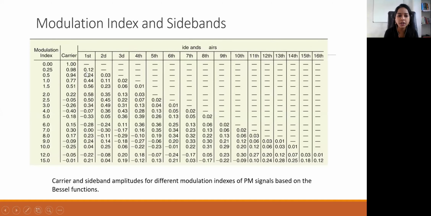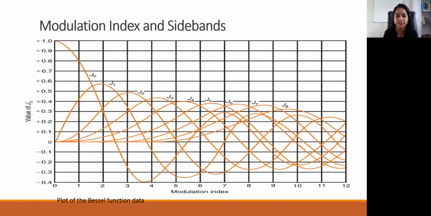This is not important for you, but I have given this picture so you know how we calculate the sidebands. In this picture, this is the basis function plotted in a graph. Here you see J0, J1, J2, these are all the changing functions.